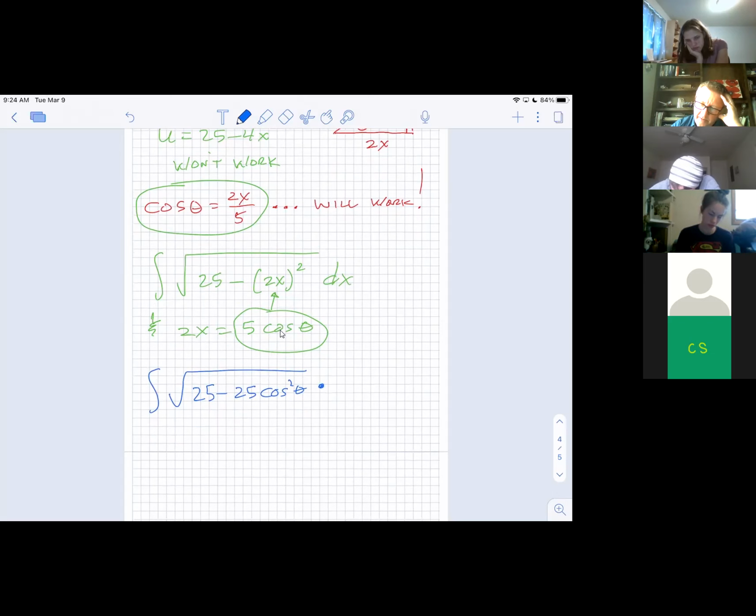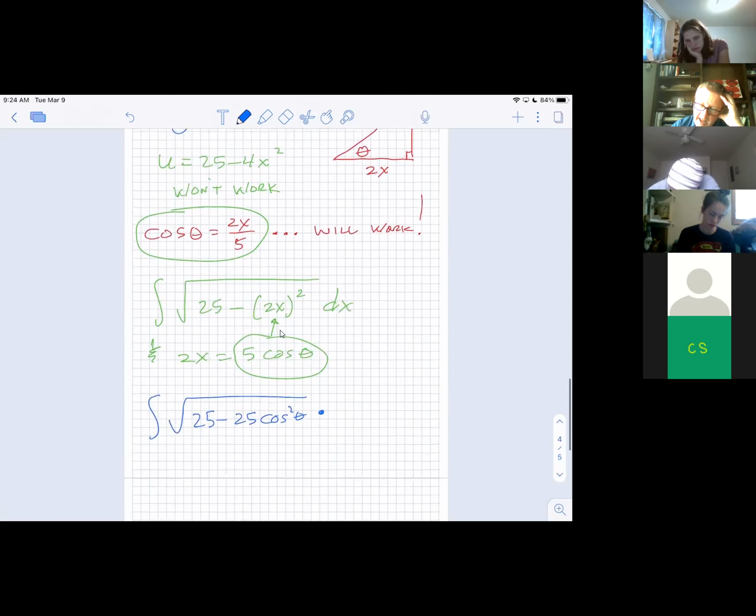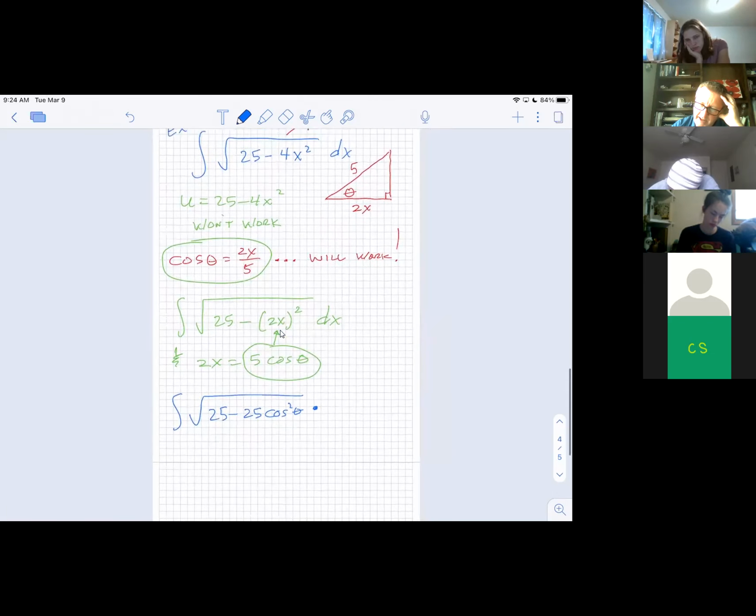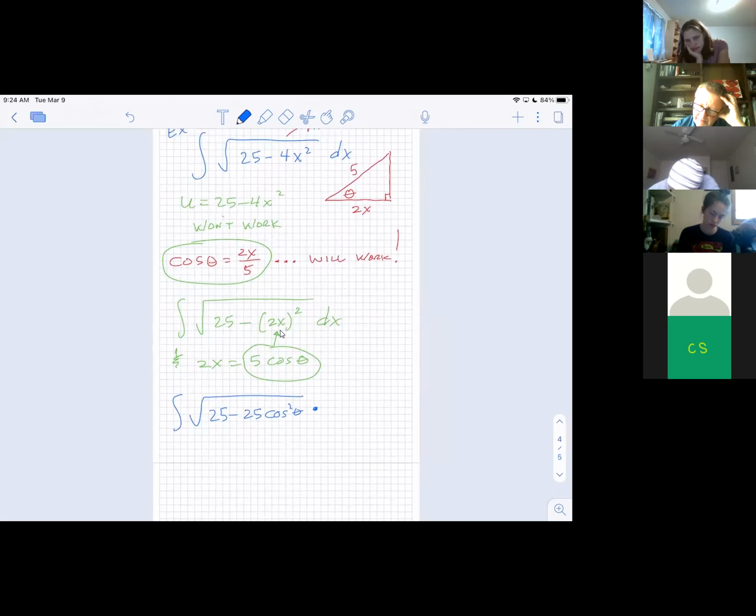You still have to get rid of the dx in this problem. What is dx equal to? The derivative of, let's see, where am I going to take the derivative of this? I think I'll do it right here. So the derivative of 2x is 2 dx. The derivative of 5 cosine of theta is negative 5 sine of theta, d theta.